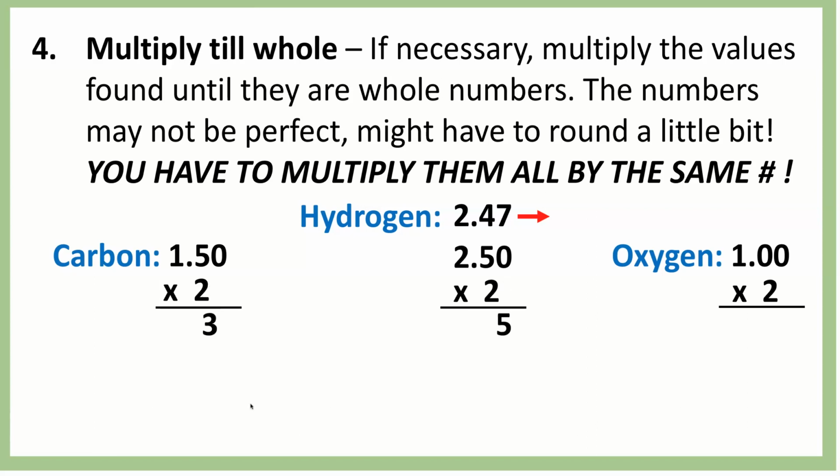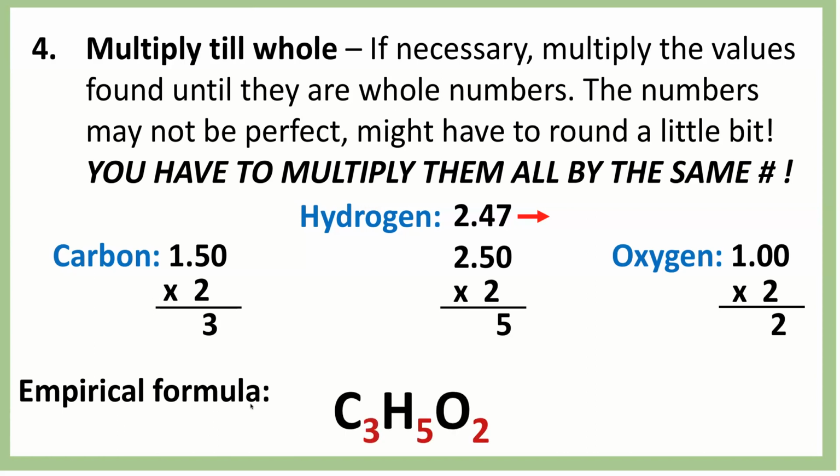I get 3, I get 5, I get 2. Pretty straightforward in that sense. Therefore, when I take these whole numbers as my subscripts, I get my empirical formula for adipic acid. Any questions?